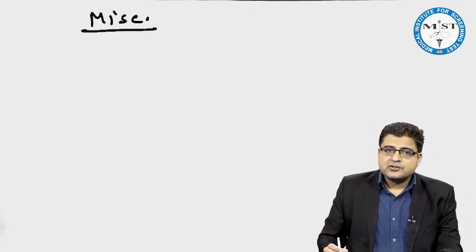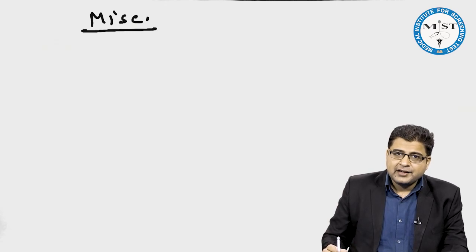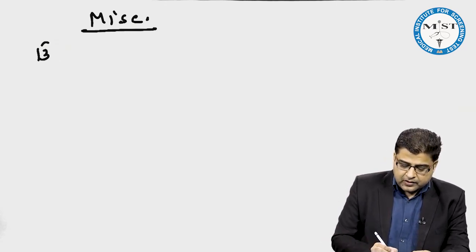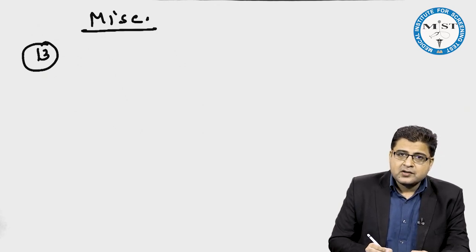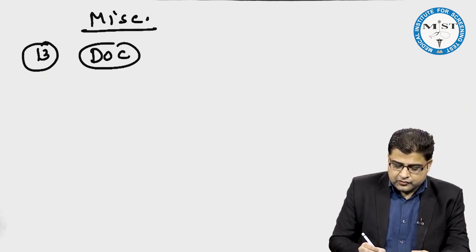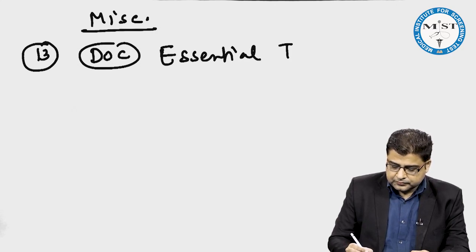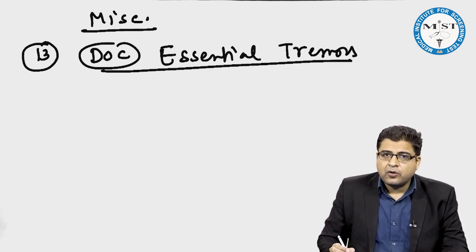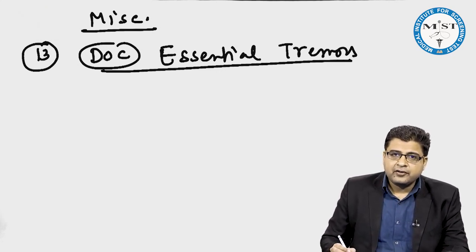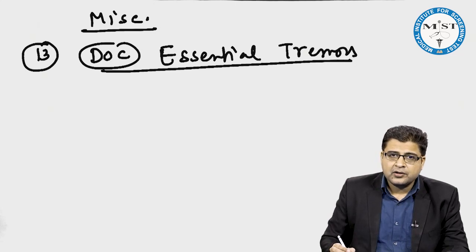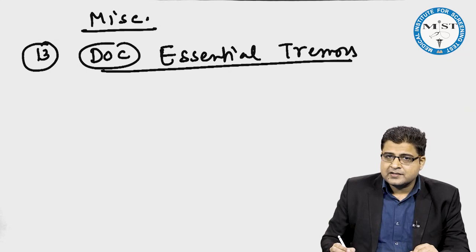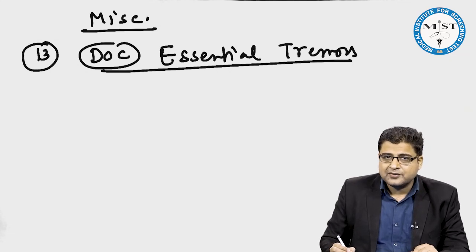Now, apart from this vasoconstricting indication, there are some miscellaneous indications where beta blockers are used. Beta blockers, especially the non-specific beta blockers, are the drug of choice for essential tremors. We already discussed in the topic of beta 2 agonists that whenever we give a beta 2 agonist like salbutamol, with the help of the beta 2 receptor, these medicines can cause tremors as a side effect with stimulation of muscle spindles.